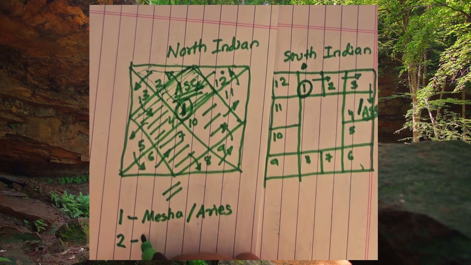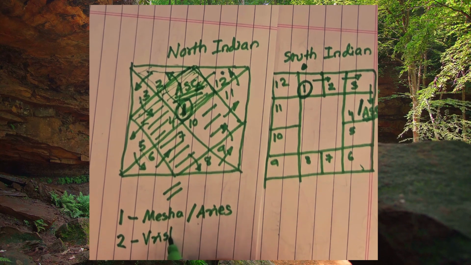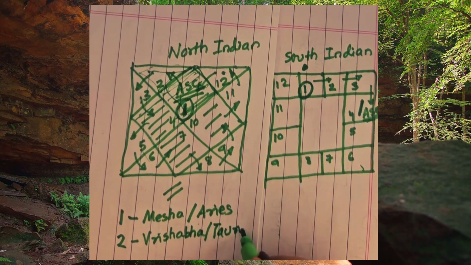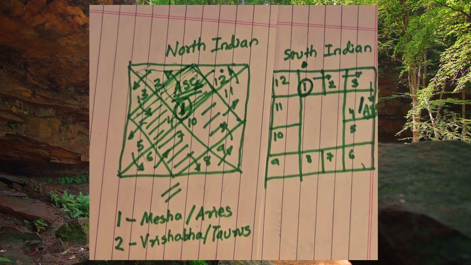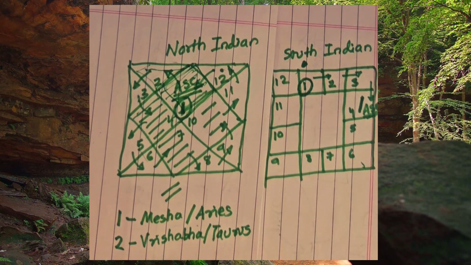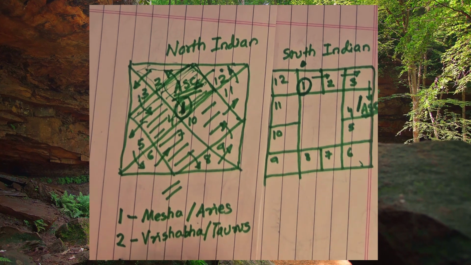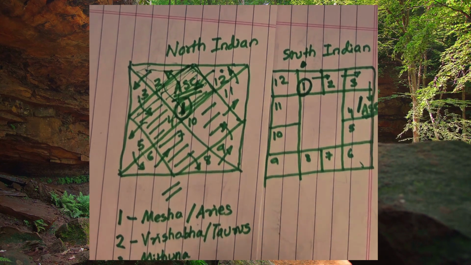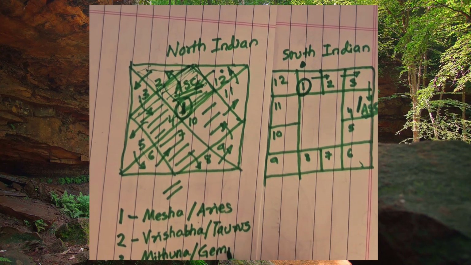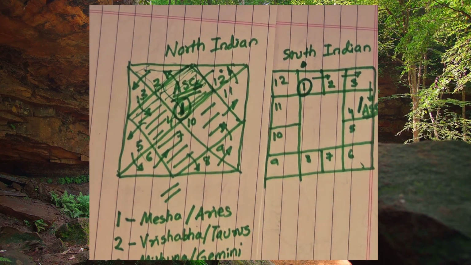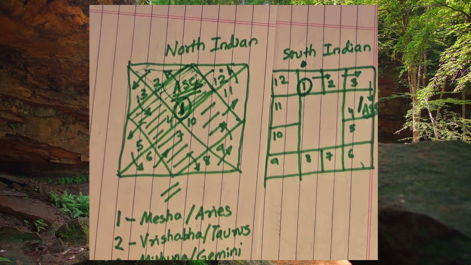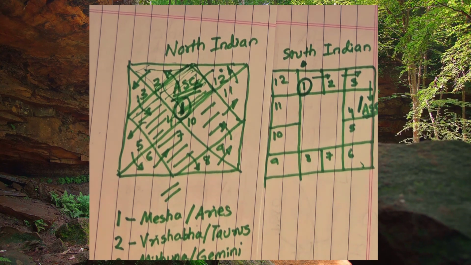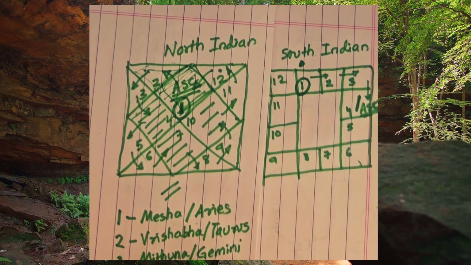The second one is Vrishabha Rashi, or in English it is Taurus. The significance of Taurus or Vrishabha Rashi is the bull. The third is Mithuna Rashi or Gemini. It is signified by a pair or two people in a pair, duality. That is the significance of Mithuna or Gemini.